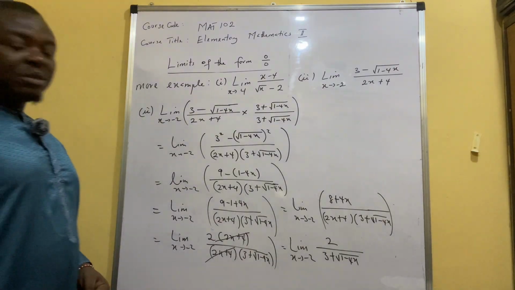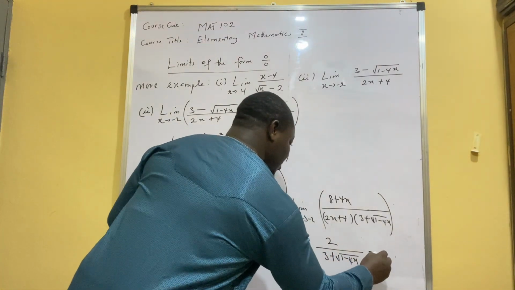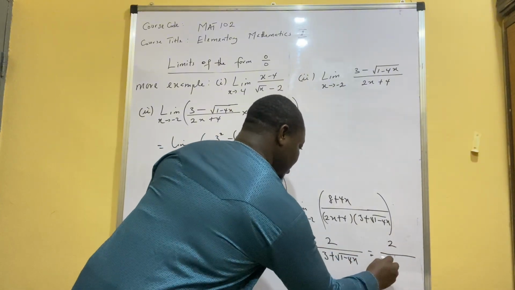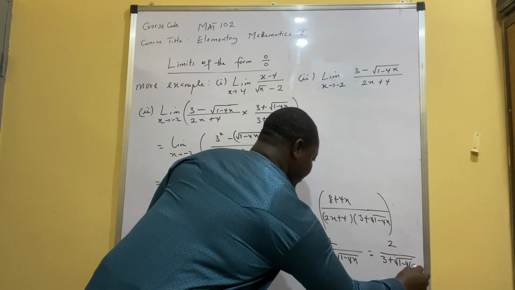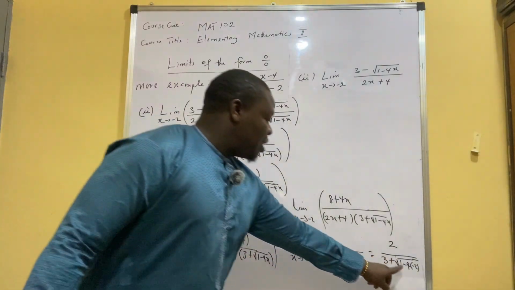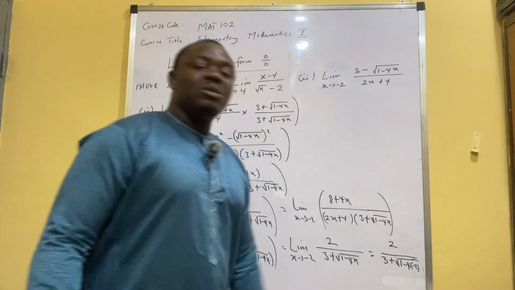Now we can substitute directly, and whenever we see x, we put minus 2. We're going to have 2 over 3 plus root of 1 minus 4 multiplied by minus 2. Minus 4 multiplied by minus 2 will give us plus 8, so plus 8 plus 1 will give us 9.